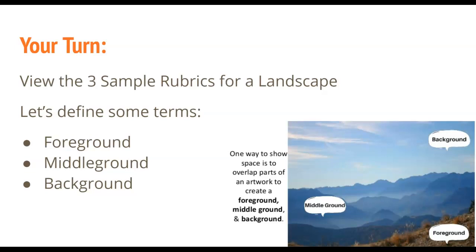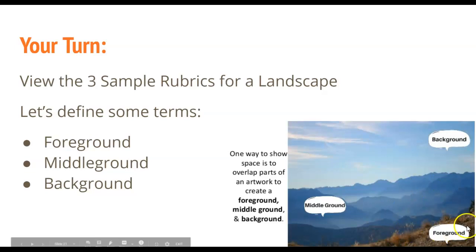And so the first terms that we come into contact with on the rubrics are foreground, middle ground, and background. The way that I understand it is these are terms that are applied to the way that we use space in creating artwork.